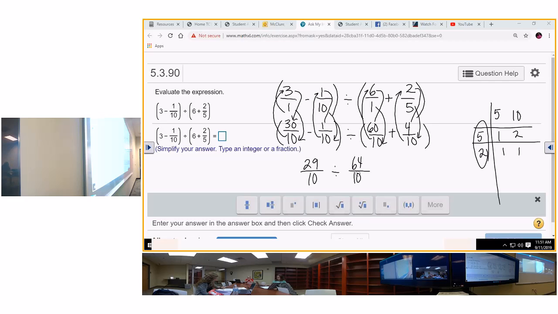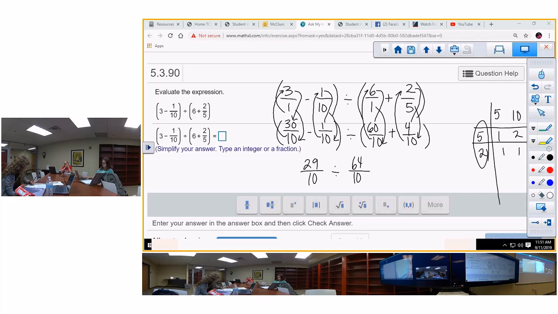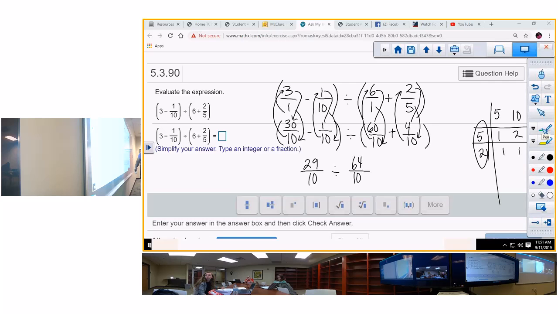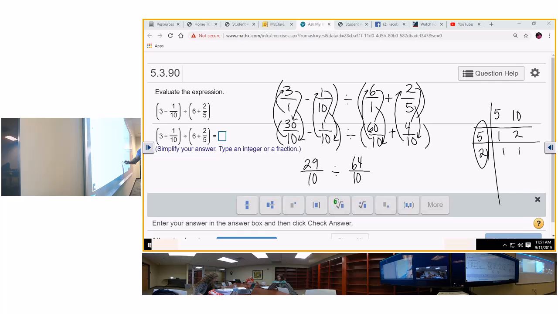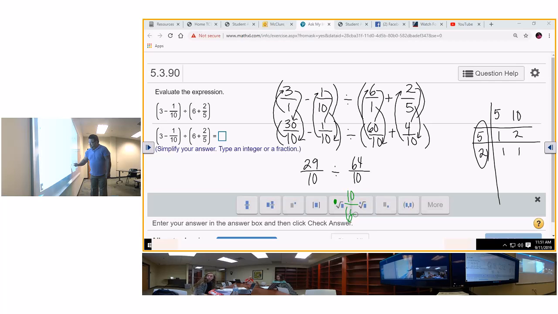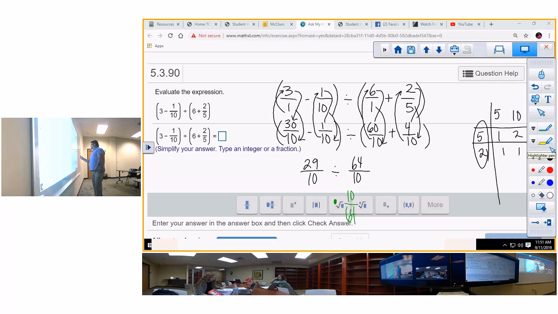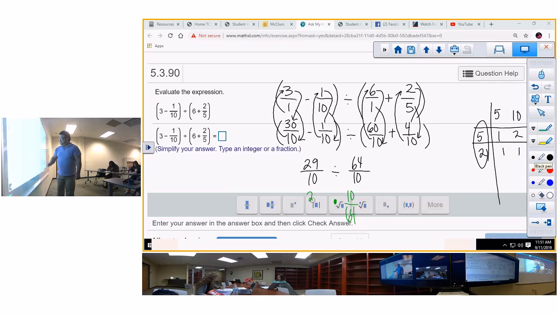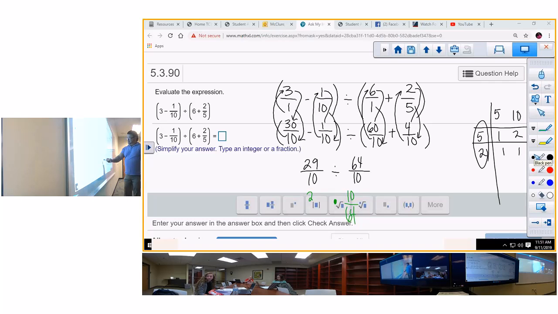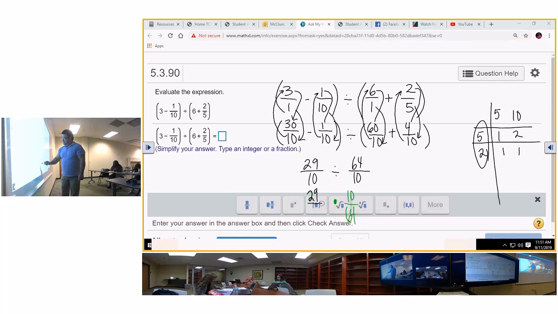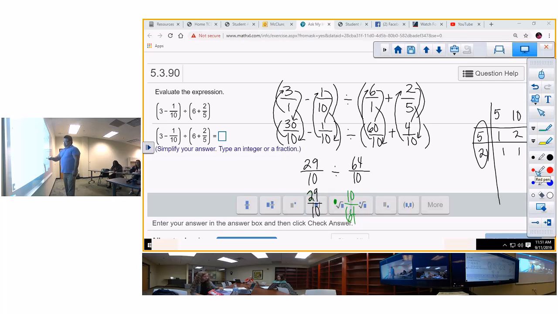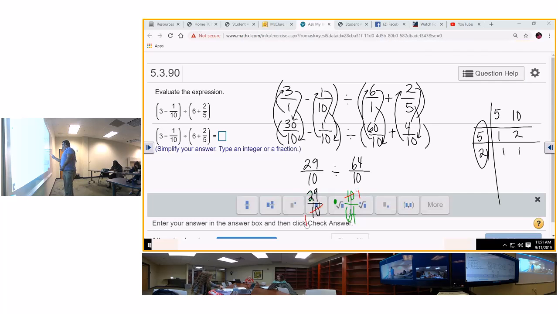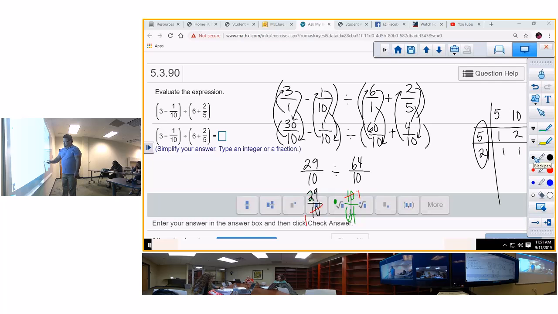Which equals. Now I'm going to take my green pen, and I'm going to multiply by 10 over 64. 29 over 10. And what happens to the 10s? Cross it out. That's a 1, and that's a 1. 29 times 1 is 29.